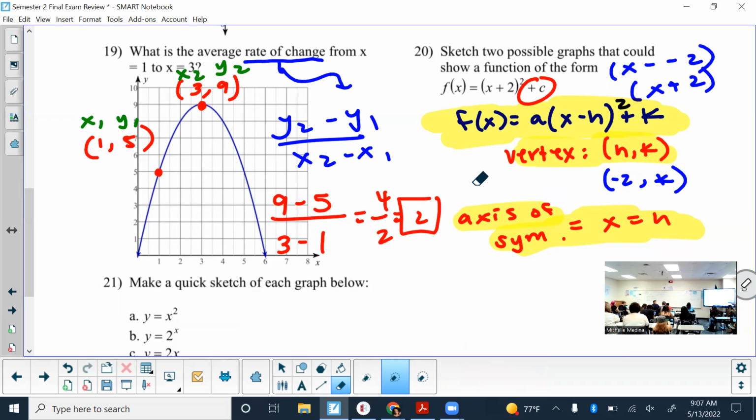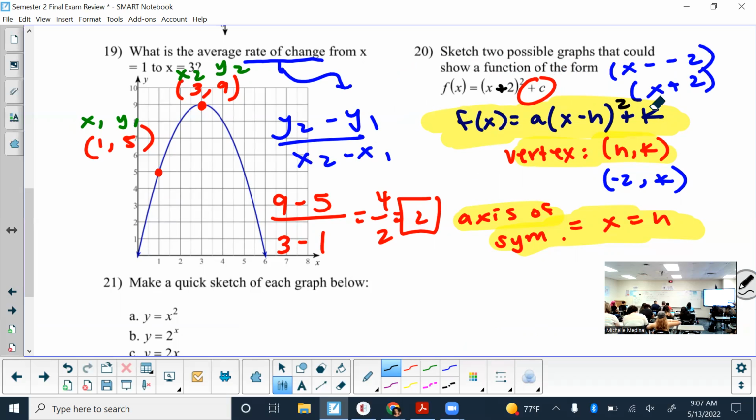That's what we're showing right here. Because when I plug in a -2 into this formula, it becomes x minus -2. And what happens to that double negative? It turns into a positive. So that's why it looks positive here. In other words, the h is always opposite of how it is in your equation.